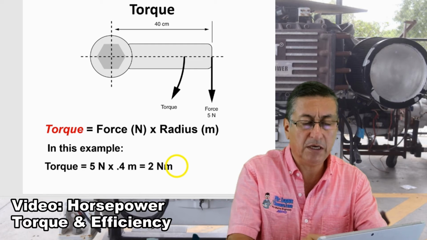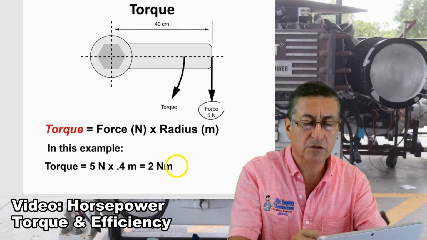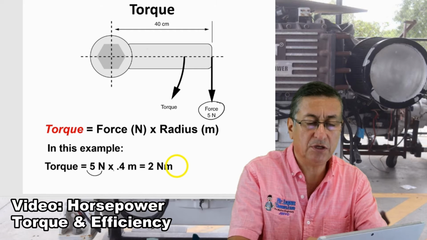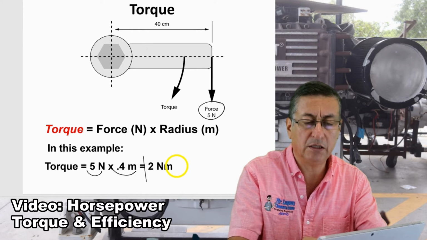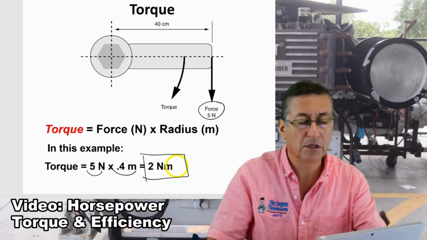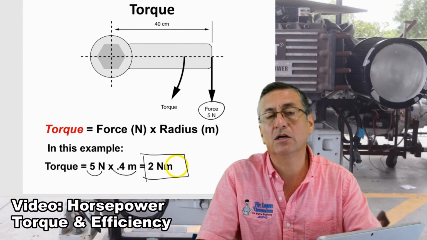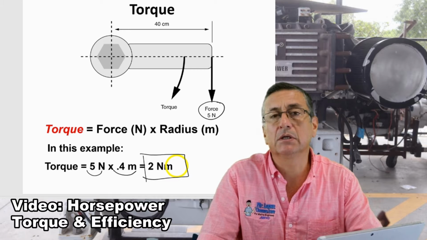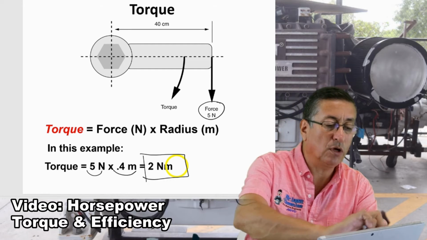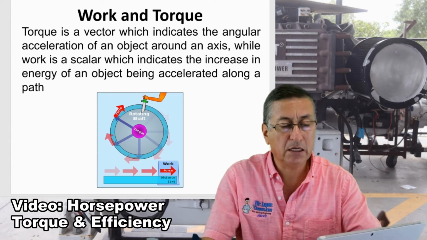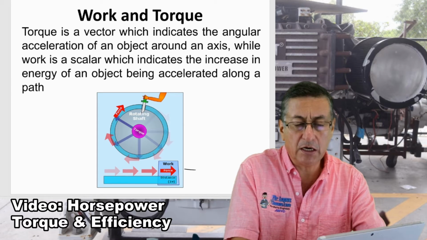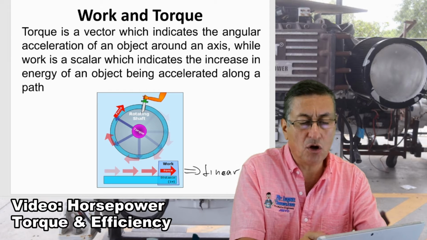The torque is the force, 5 newtons, times the distance, 0.4, and this is 2 newton meters. 2 newton meters is the torque applied on that object. This is an example to calculate the torque. Don't forget, work is linear, and torque is angular.